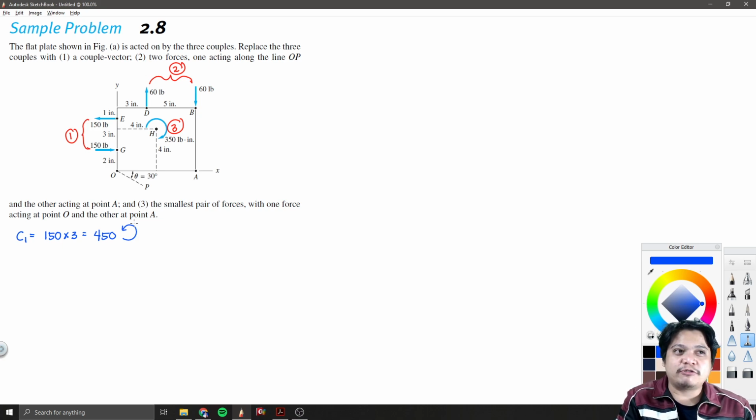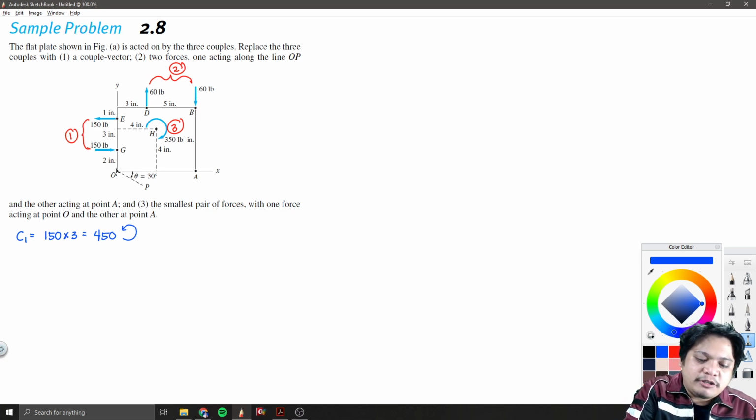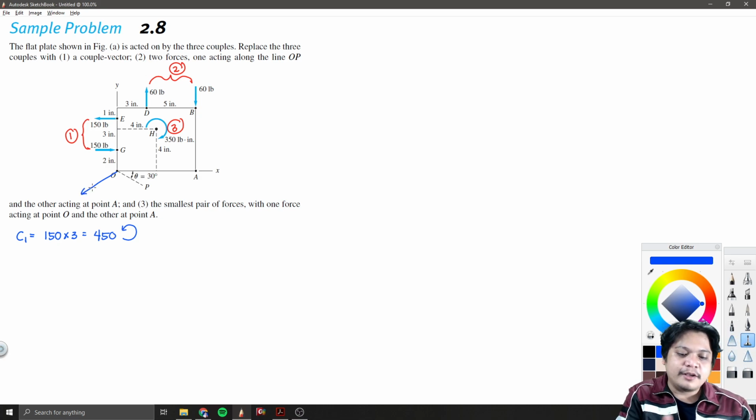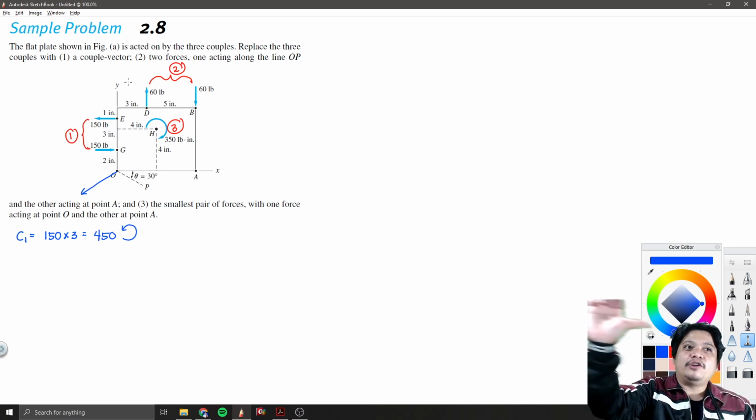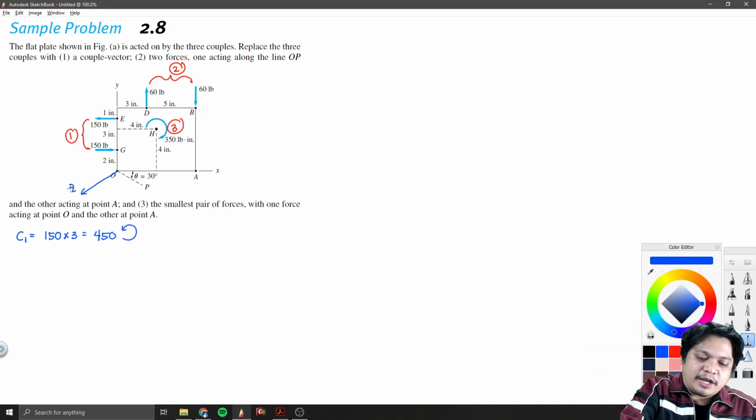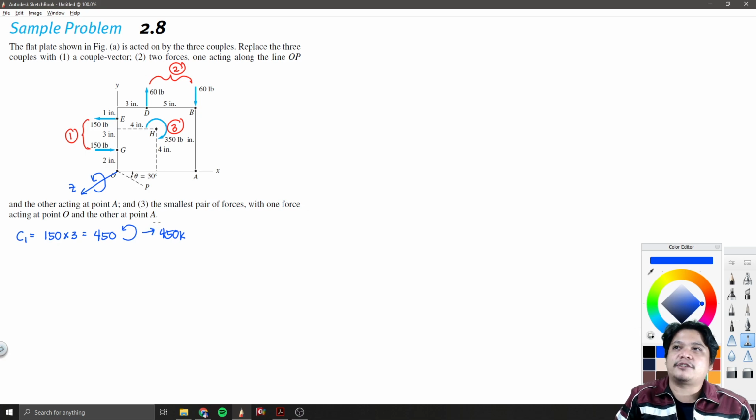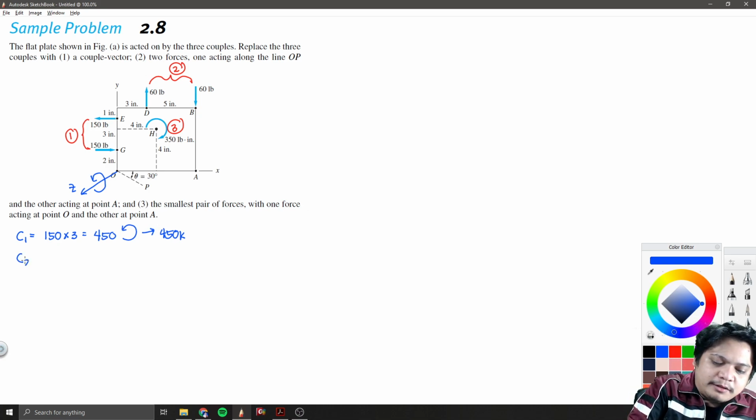So, check nyo kung nasan yung pinaka-Z niya. Okay? So, again, X cross Y. So, kung magmumula ka sa X, papunta sa Y, yung right thumb mo, papuntang paganto yung Z. Sabihin, kung iikot ng paganto yung Z mo, that is a positive. So, this one is 450K. Positive direction.